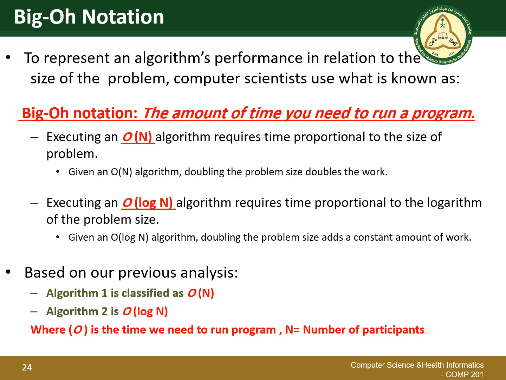The number of inputs equals the number of participants. So with big O of n, doubling the input, the size of the problem, doubles the work. Example, algorithm 1 is big O of n: with 100 participants, I need 100 comparisons, and with 1 million participants, I need 1 million comparisons.